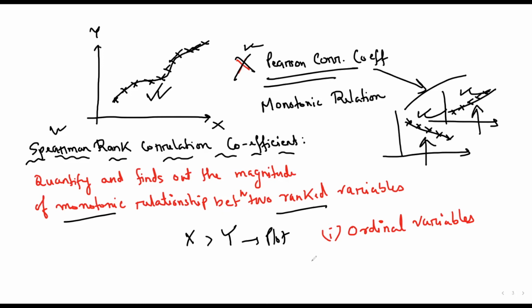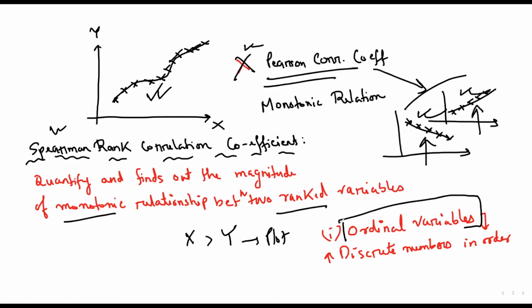Ordinal means the variables which have discrete numbers in order. Say ranking. You have ordered a food and someone has asked you to rate it. So that's an ordinal variable, right? So you can use it on continuous variables as well as ordinal variables.